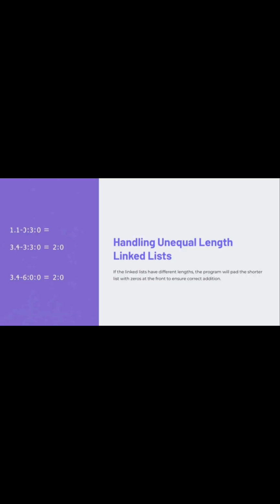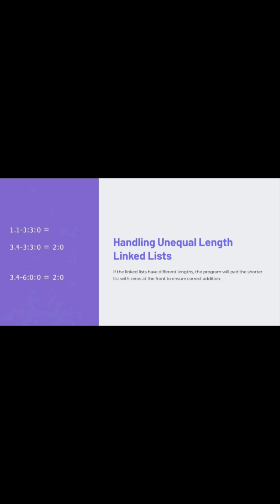Handling unequal length linked lists. What is it? We need to iterate through each linked list independently, checking for the end of the shorter list at each step and performing the desired operation only until that point is reached. It involves a loop that keeps continuing as long as the pointers are not null, ensuring that you don't access elements beyond the length of the shorter list.